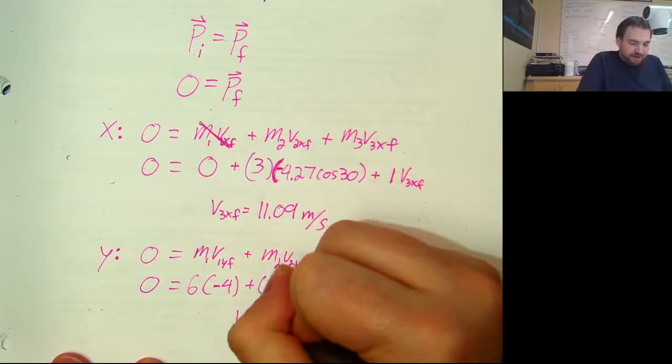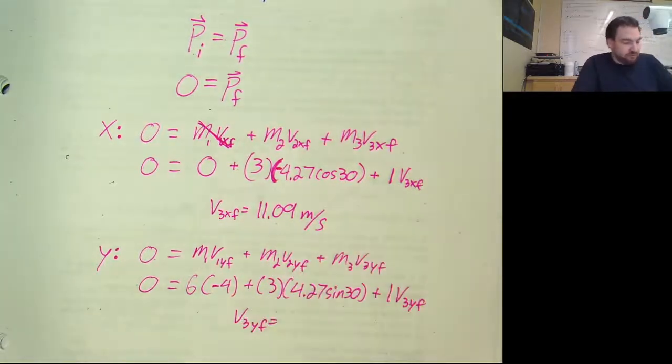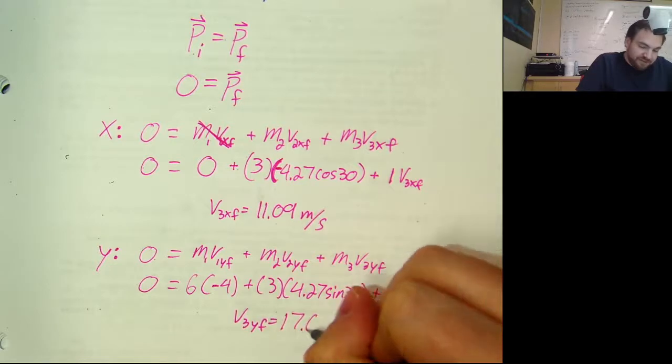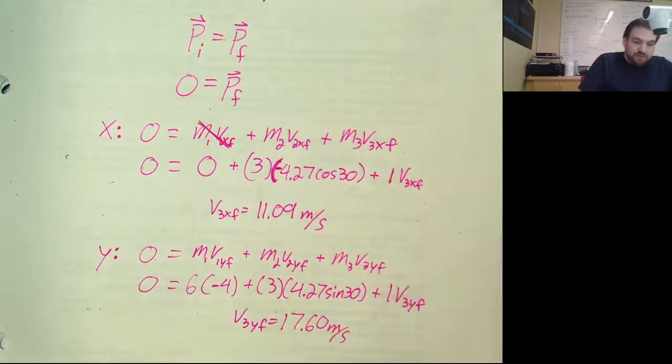So v3y final is going to equal 24 minus 6 and a bit. 17.60 meters per second. Can someone verify that?